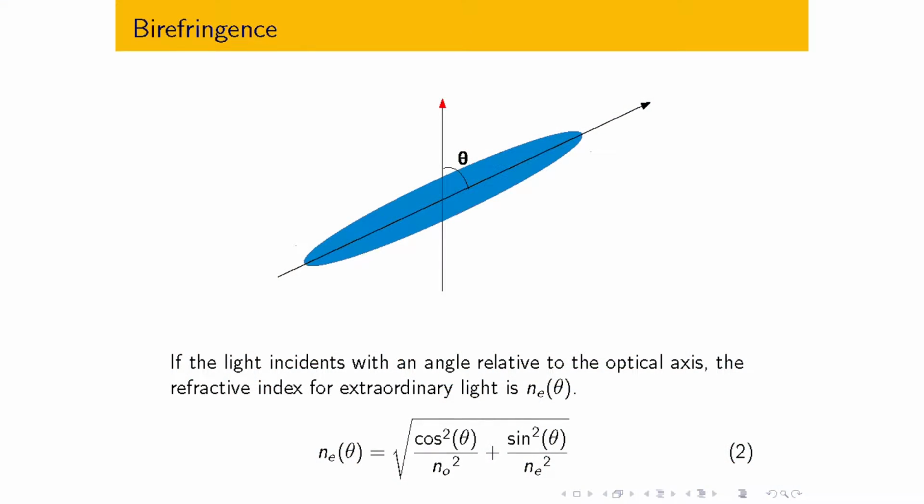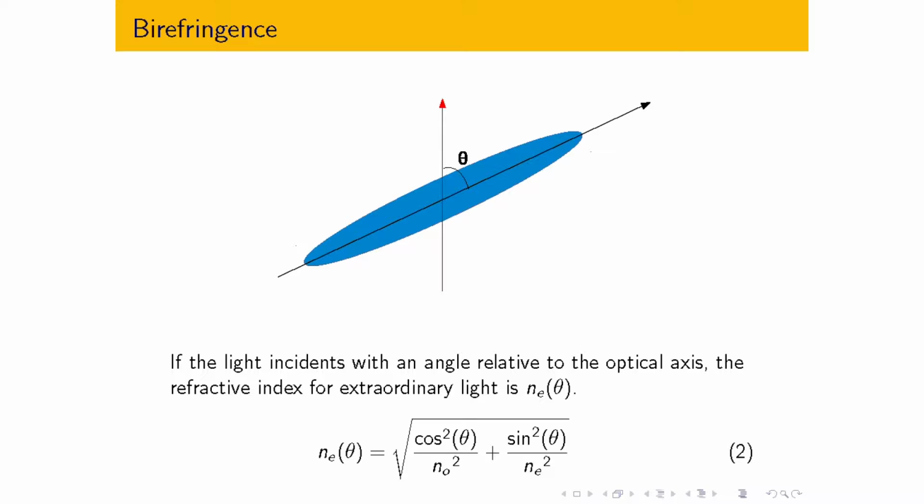In liquid crystal, I assume this is a liquid crystal molecule. So this is the optical axis. The black arrow is the optical axis of this liquid crystal, and the red one is the direction that the light propagates.